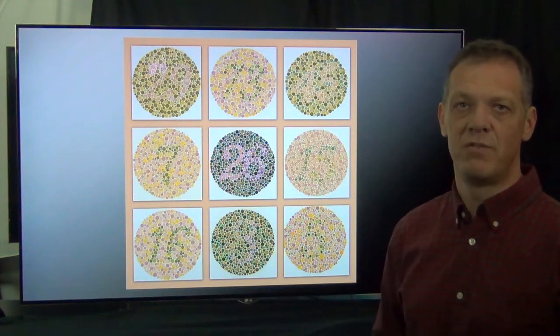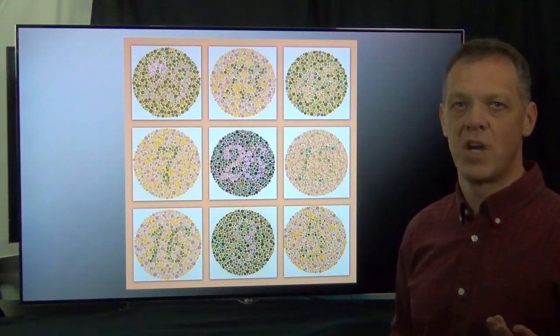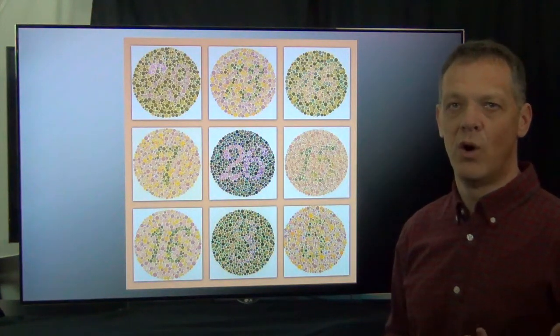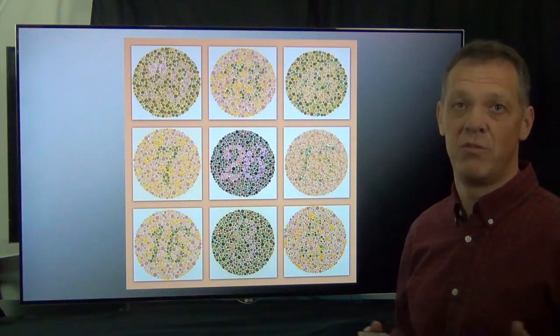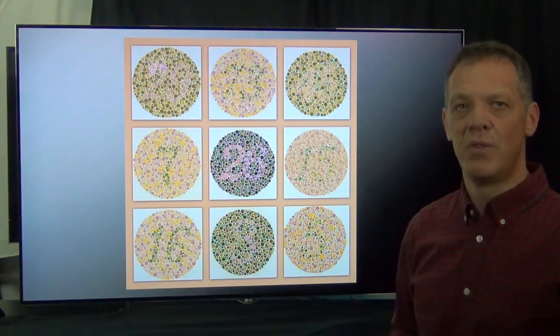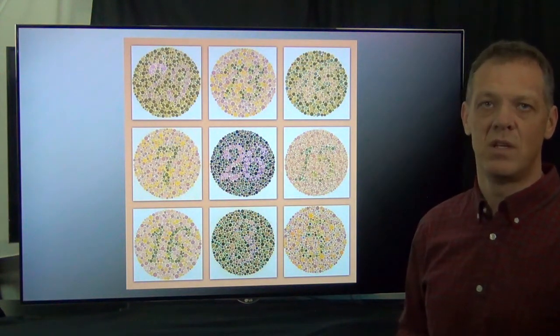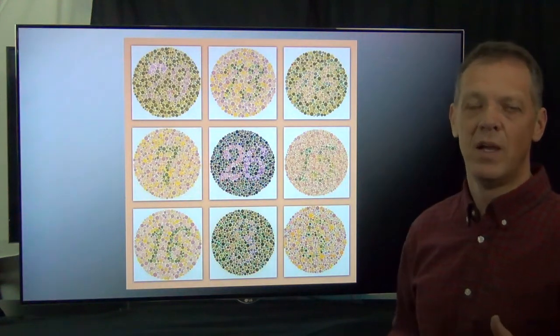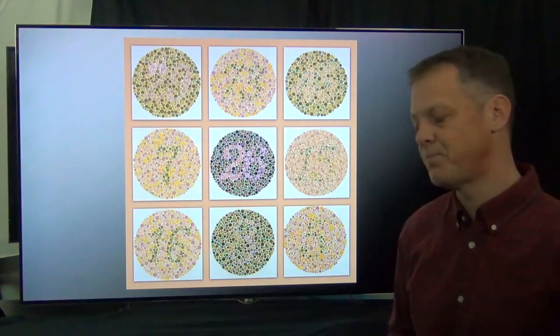And a color vision deficiency, or color blindness, is when one of those types of cones is either missing or not able to detect as much as in another person. Maybe fewer cones, maybe a problem with those cones. There's a physiological reason why you can't see those colors, and so the rest of your eye compensates and fills in what it can, but there are still details that you can't see.